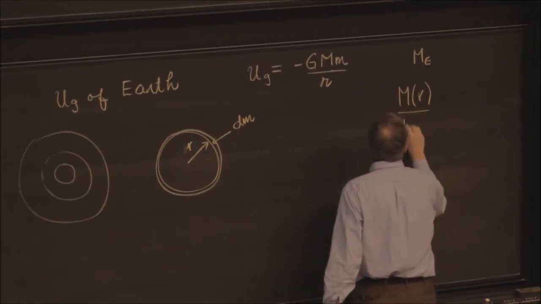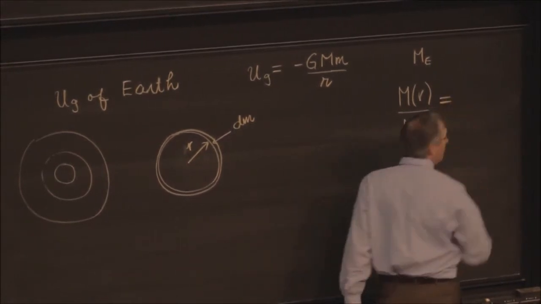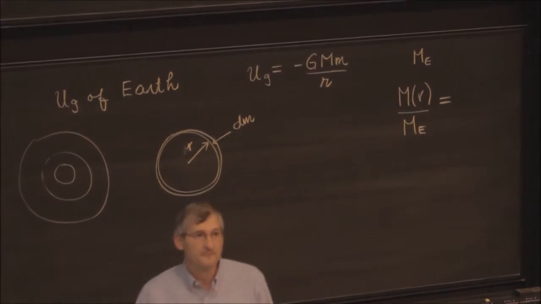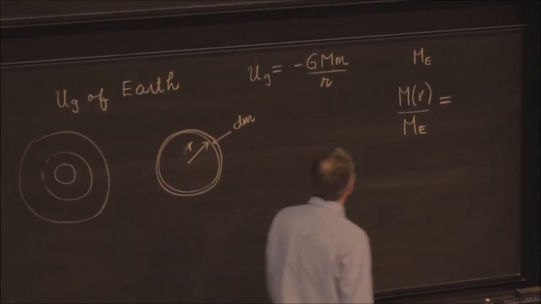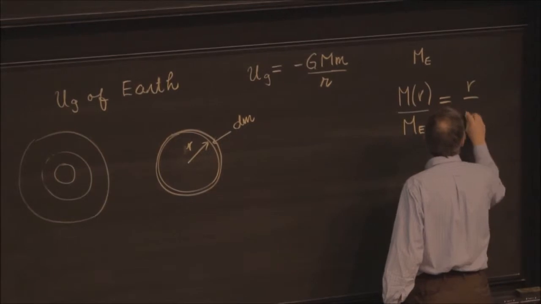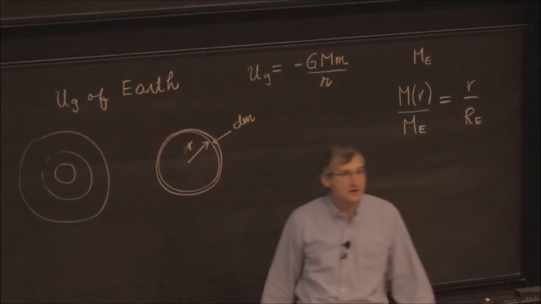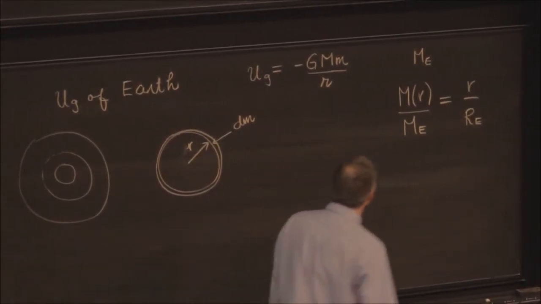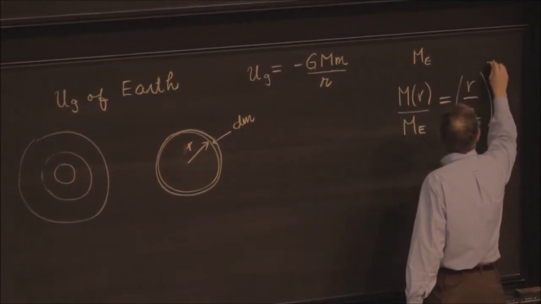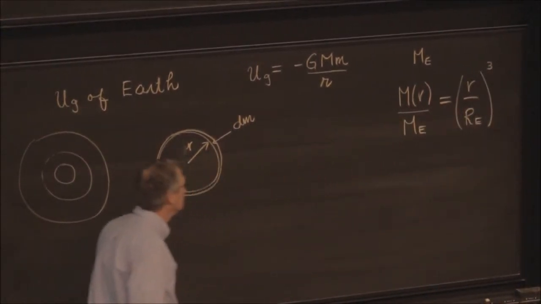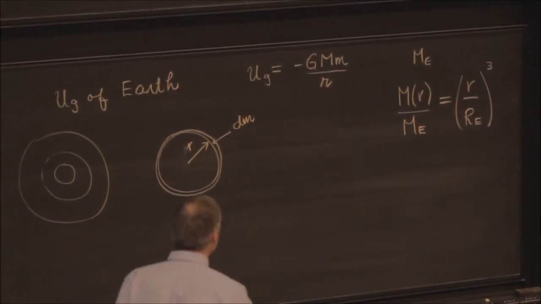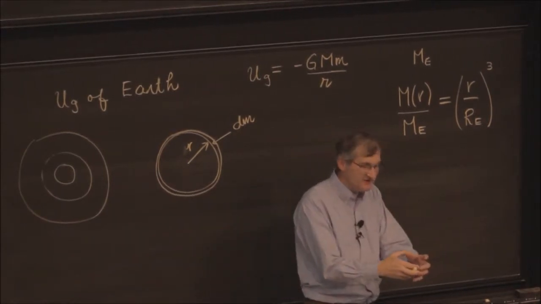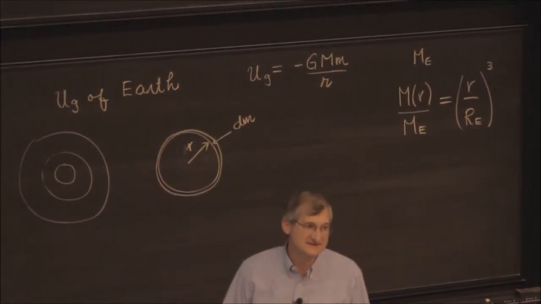How does that depend on the radius? Is it little r to big R? Is that right? Cubed, right. Okay, it has to go to 1 when little r goes to big R sub e. And it depends on the volume, and the volume depends on the radius cubed.